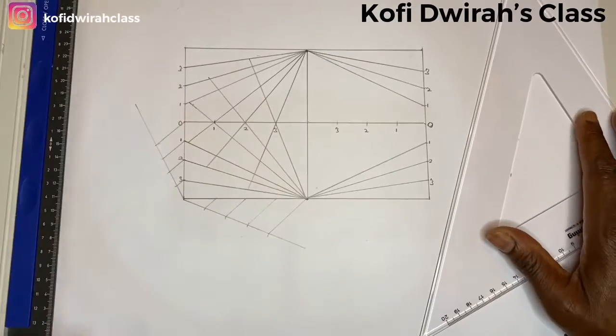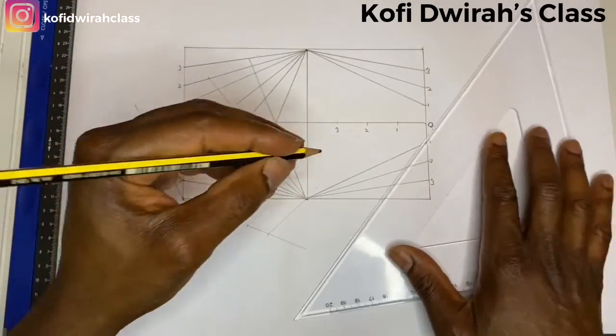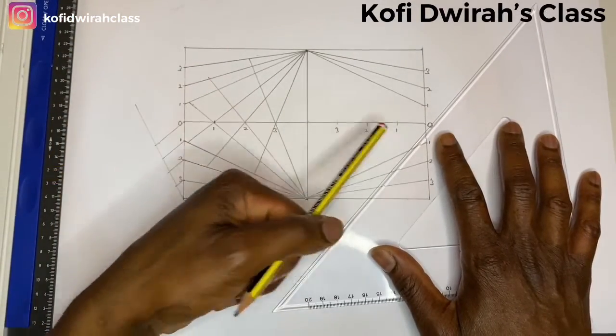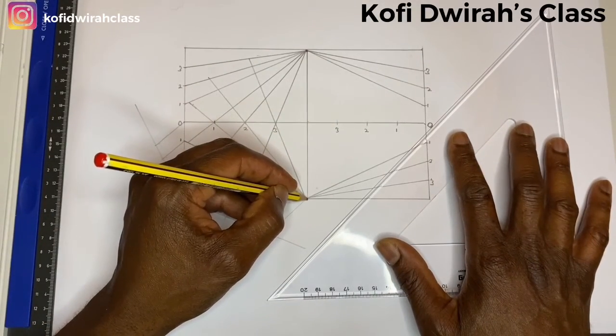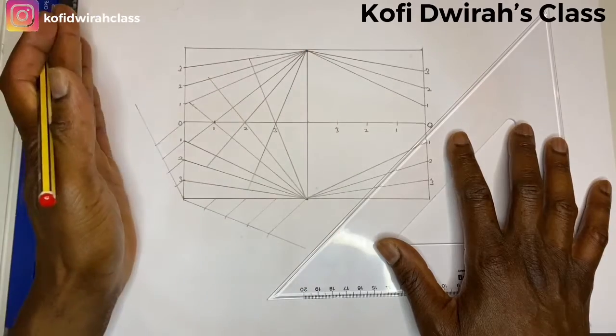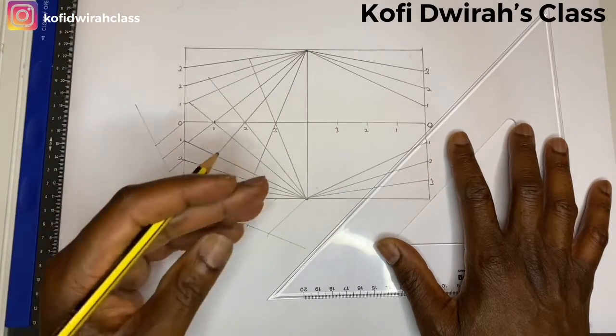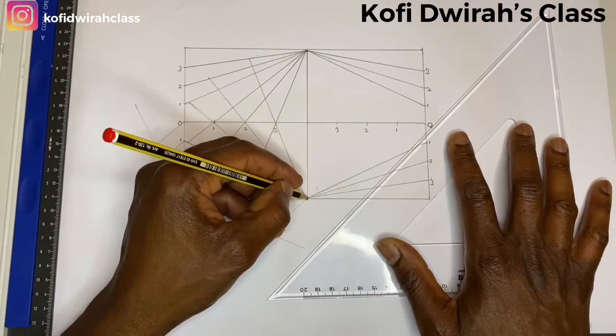Let's come to the other side of the rectangle. We have finished one part of the rectangle. So we are here, this side.